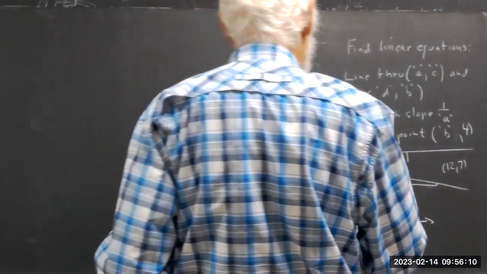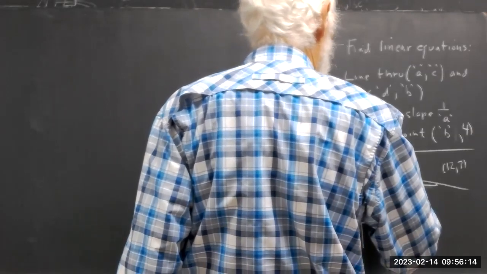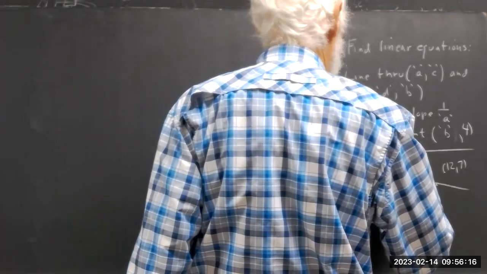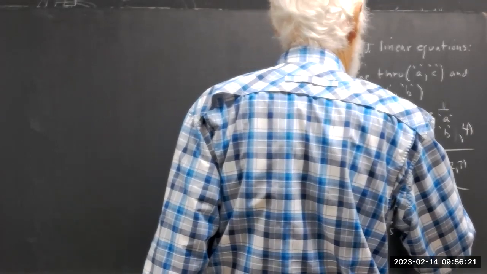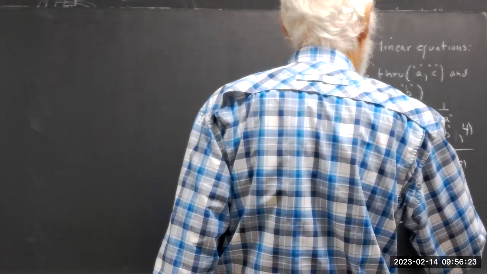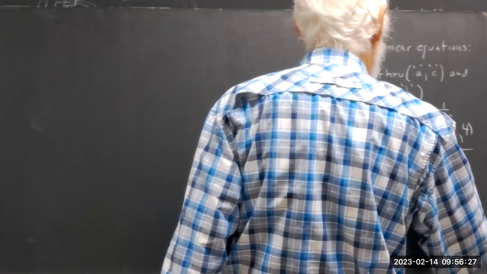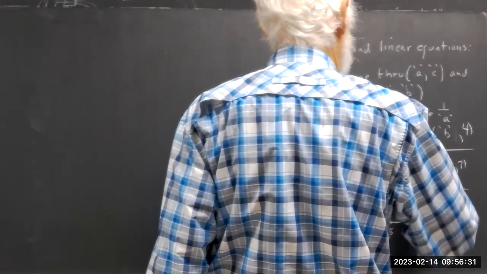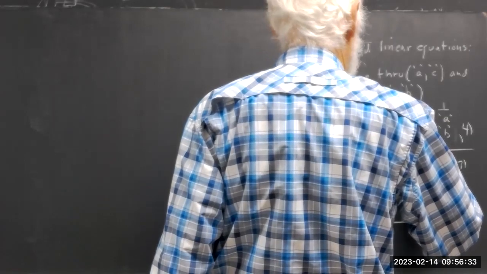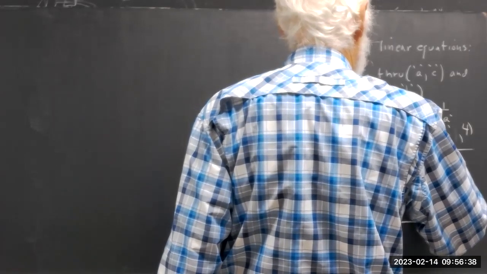And I see that the rise is -2, and the run is 7, since there's 12 minus 5. The slope is rise over run, which is -2/7.